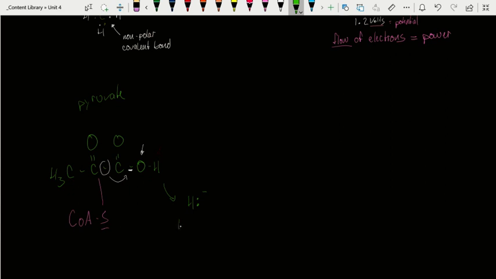This is called hydride ion. Now, as part of this chemical reaction, we have another coenzyme, NAD+. This is a vitamin B3 derivative. NAD+ comes over and picks up that hydride ion, its hydrogen and the 2 electrons. And what do I get out of it? I get NADH.